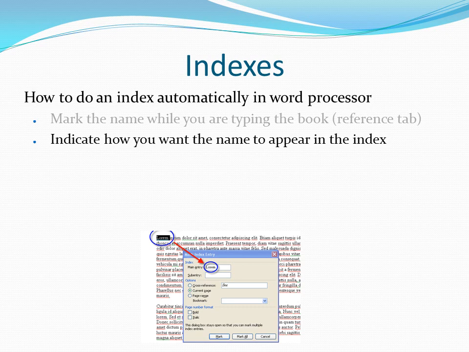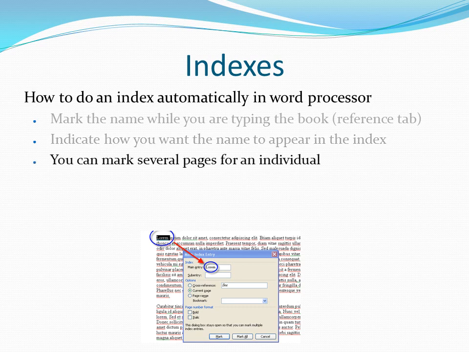It'll automatically put this name in there for you. But maybe that says Uncle John, but you want his name in the index to be Clark, John James, or whatever his full name is. So you have the opportunity to change that name right there, whatever it is.